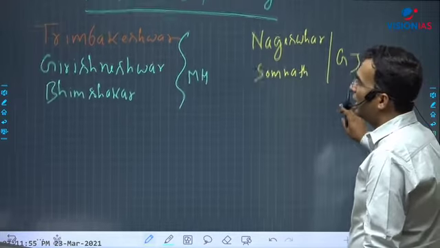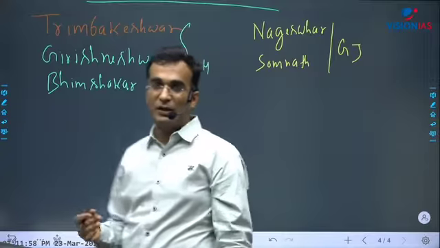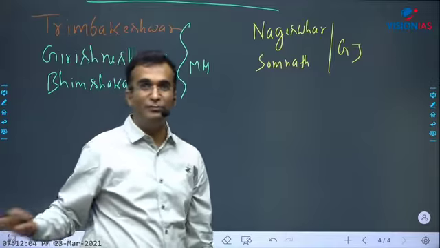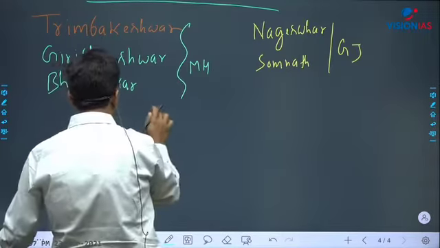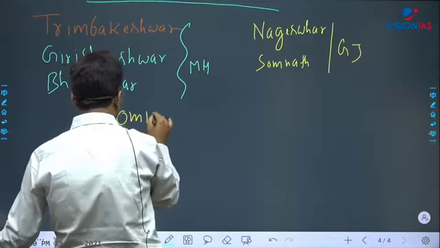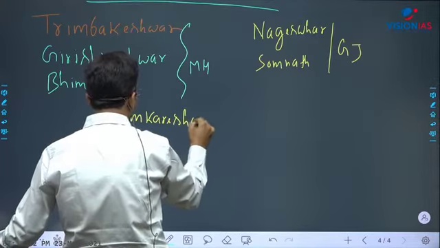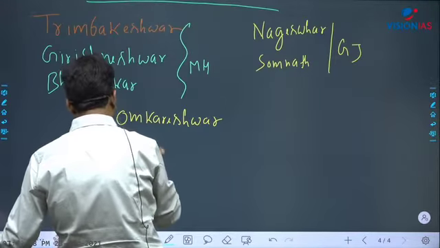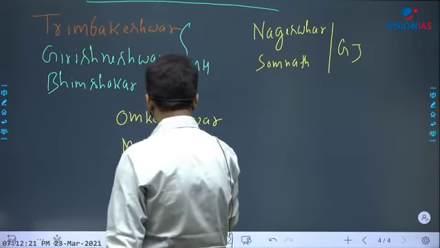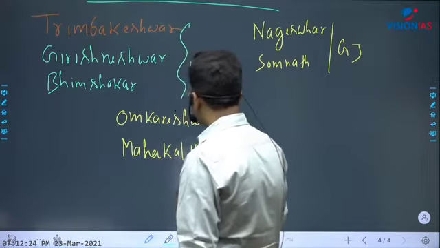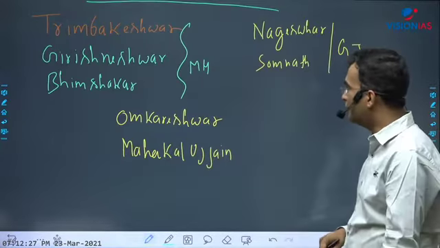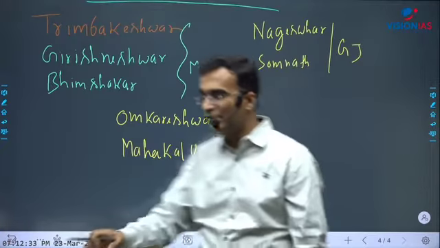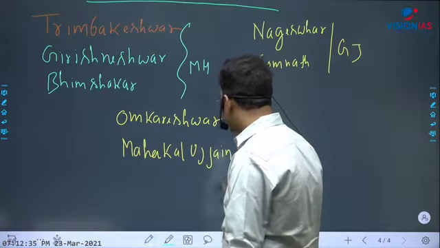Then the next state where there are also two Jyotirlingas is Madhya Pradesh, and these two are, please mention, Omkareshwar and Mahakal, Ujjain. Mahakaleshwar is generally known by Ujjain as the place, but the overall name is Mahakaleshwar.